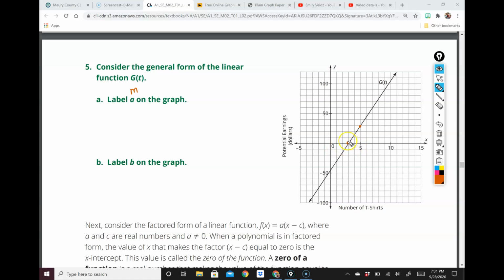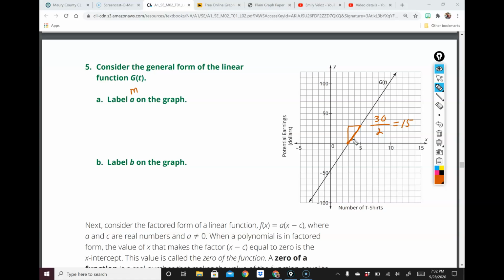We're still talking about the t-shirts. My y is 10. So I'm going up 10, 20, 30. So my rise is 30. My run is 2. And so that's 15. So my slope is this triangle on the graph, which is 15.